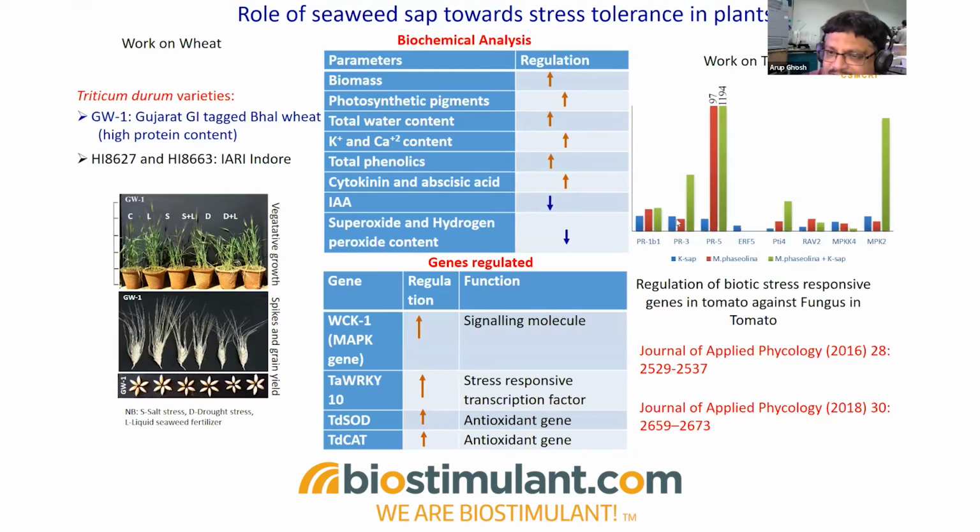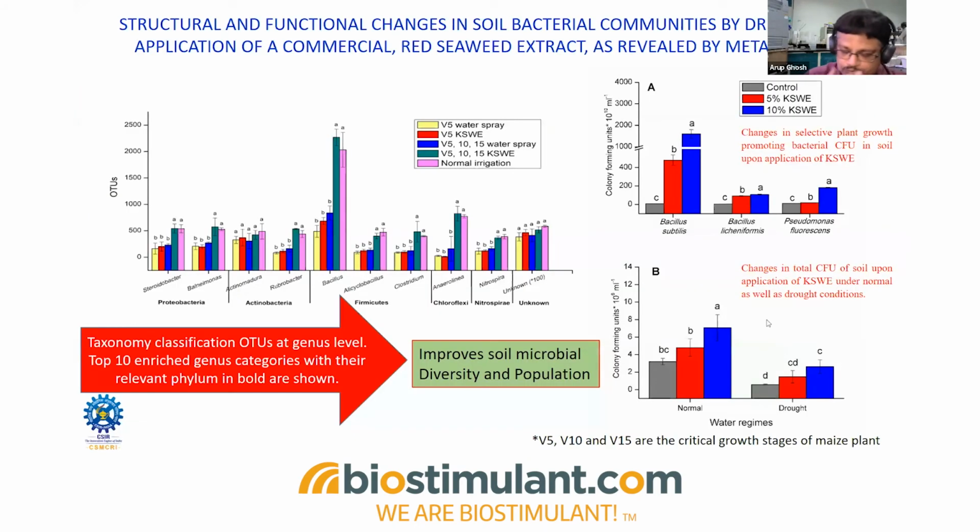But this PR gene, in presence of Macrophomina as well as this Kappaphycus sap, gets overexpressed. Similarly, MPK2. So this work was done by a group of researchers in our institute, and that paved the way for seaweed biostimulants; not only Kappaphycus, now studies have been initiated for sargassum also, and we are finding similar results.